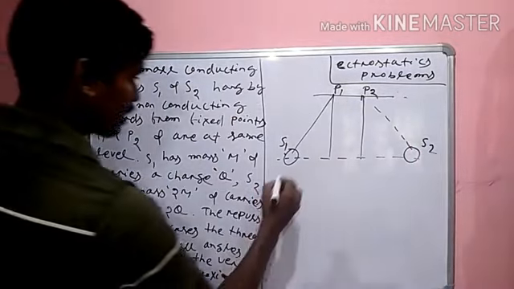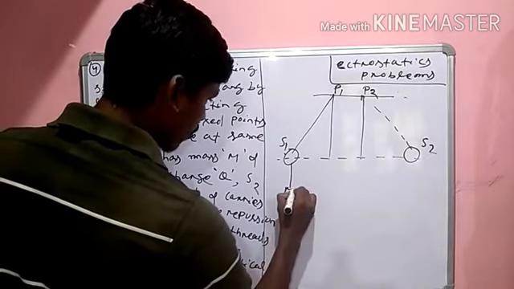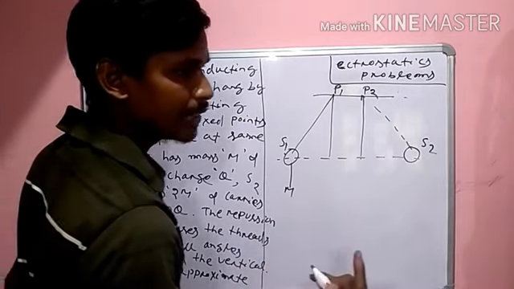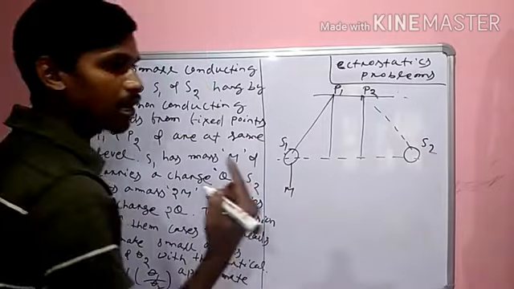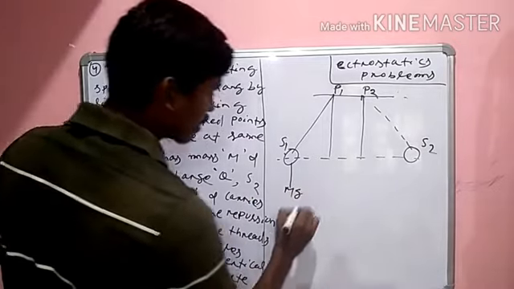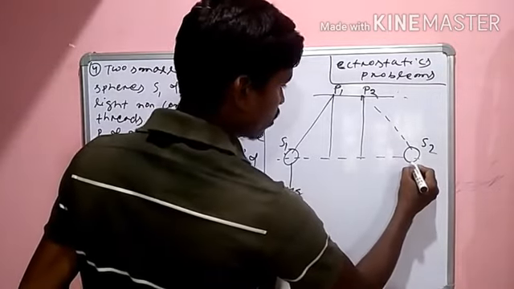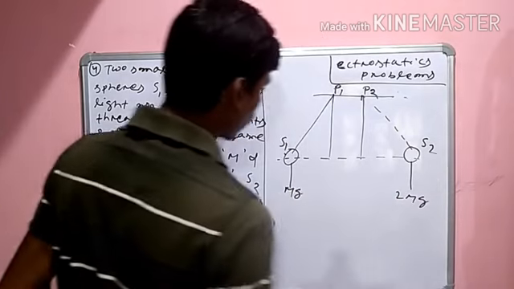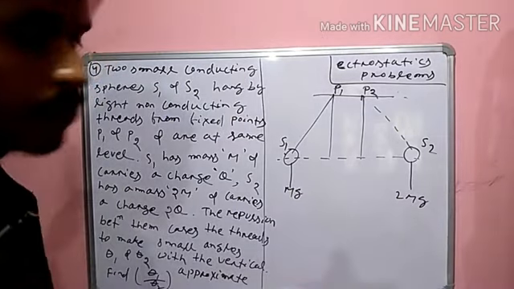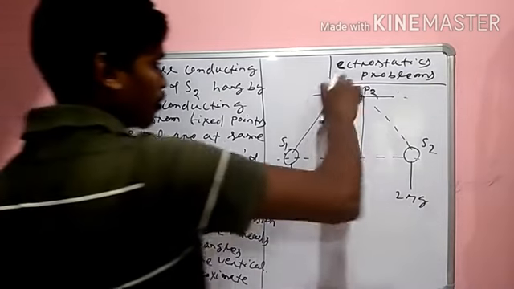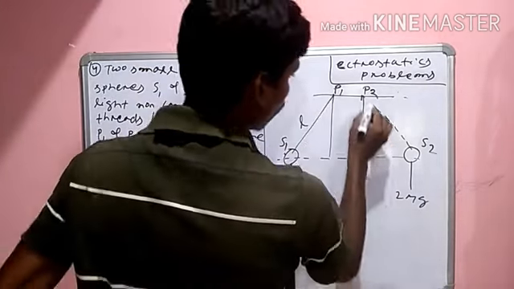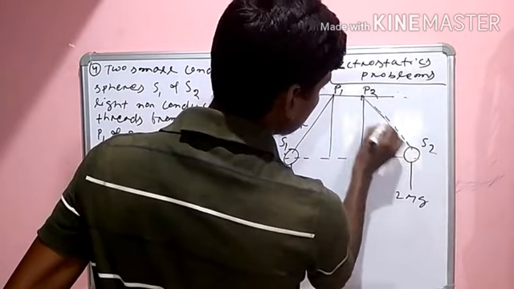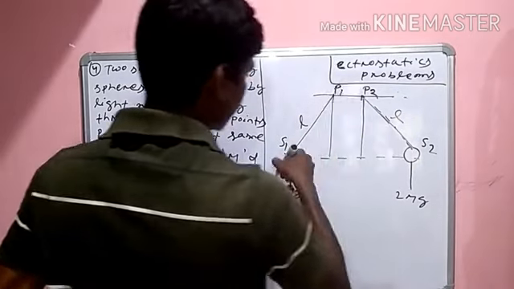S1 has mass m. Whenever mass is m, then the weight is mg. This is S2, having 2m, then the weight is 2mg. The length is L. The length is L. That is also length L.